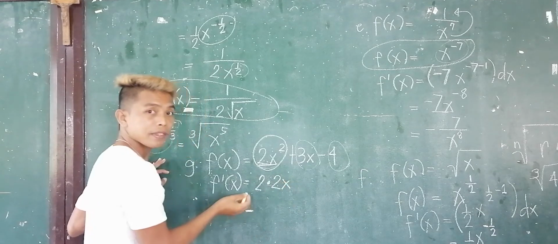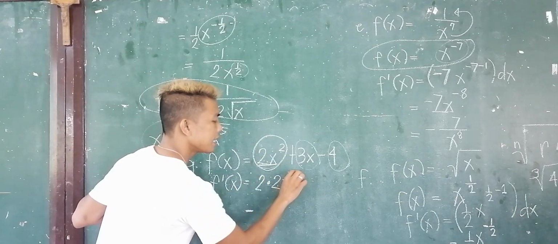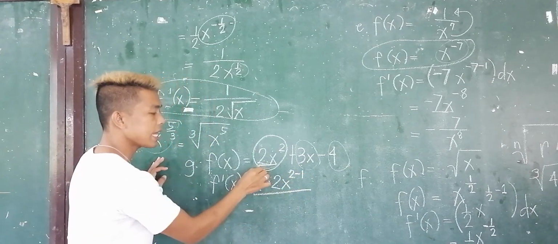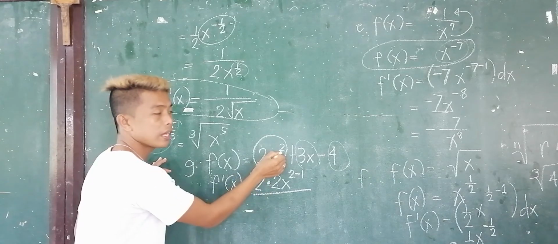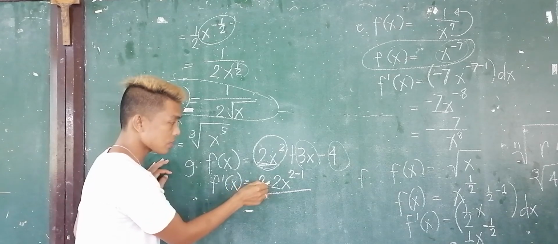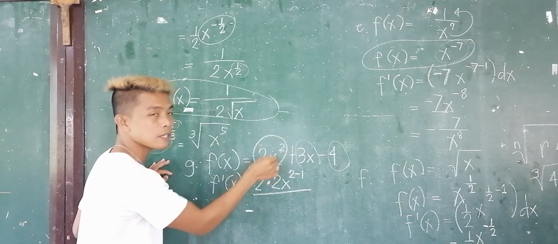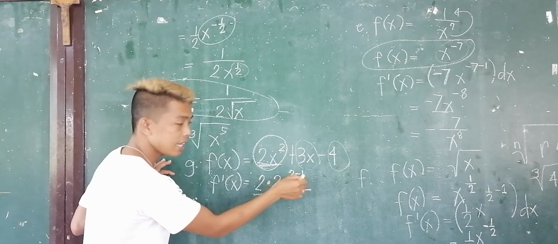And then, copy yung exponent pero may nakalagay na minus 1. Ito yung pinakauna. Ulitin natin, 2x squared. Yung exponent, ilagay sa pinakaunahan, times. Etong 2x, yung original na problem, ilagay mo, 2x squared minus 1. Okay?